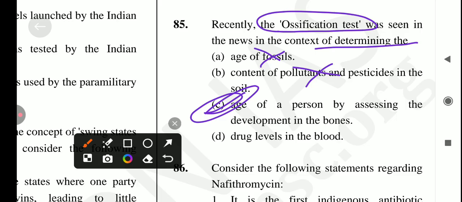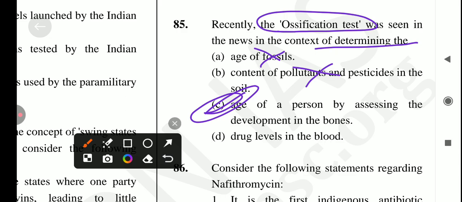And recently, the Mumbai police conducted an ossification test to determine the age of one of the accused in the murder case of NCP leader and former Maharashtra minister Baba Siddique.